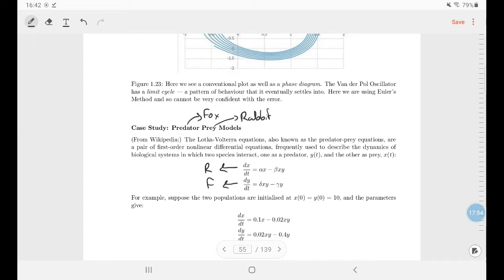And so the xy term is the interactions. So the idea is that if x is small, so that's few rabbits, or y is small, few foxes, or both small, you won't have, in any of those cases, many interactions, you won't have foxes eating rabbits. But if both x and y are big, so lots of foxes, lots of rabbits, you're going to have foxes eating rabbits.